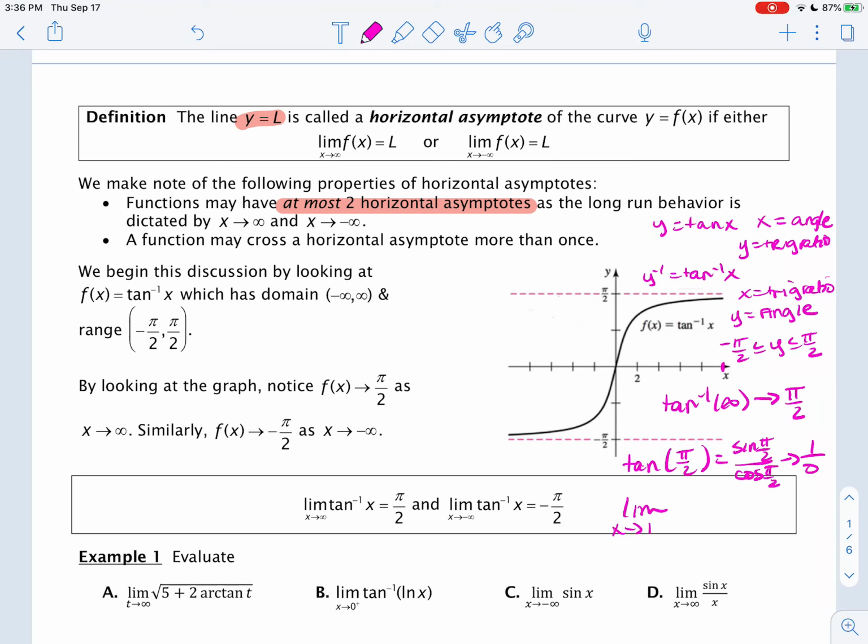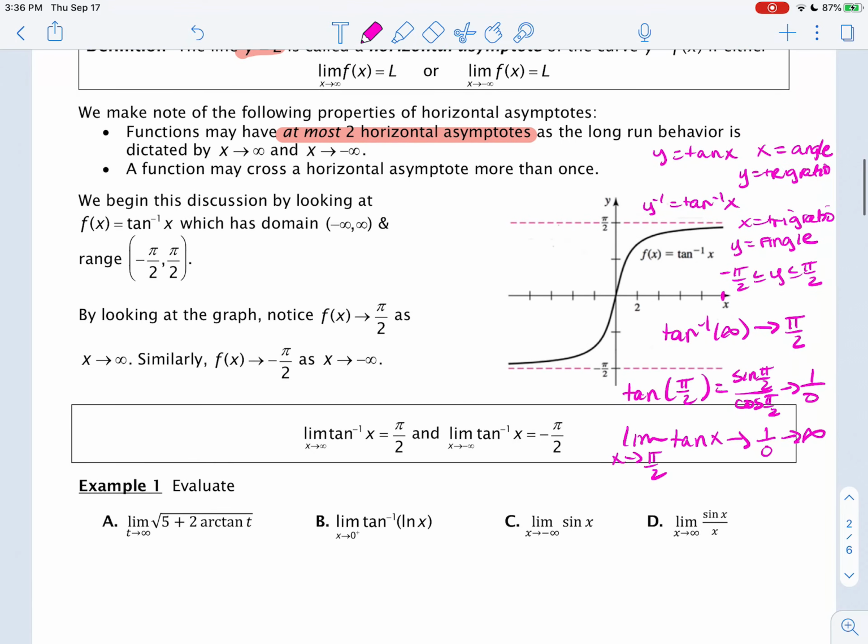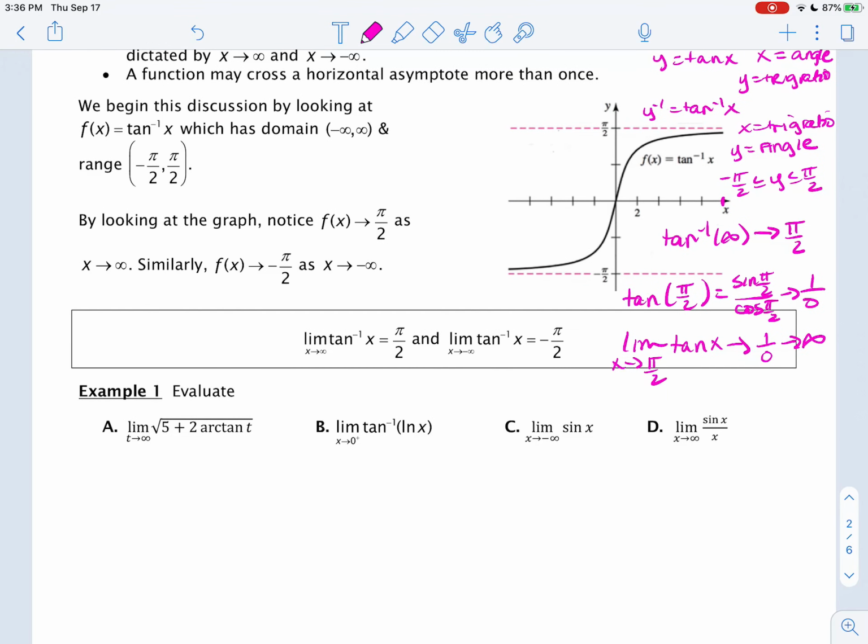So we do say that the limit as x approaches pi over 2 of tangent x is going to approach 1 over 0, which is going to approach positive infinity. Good. So we can use some examples here.